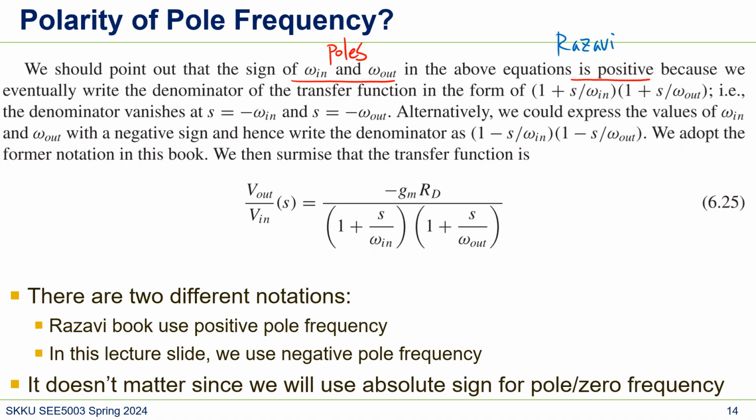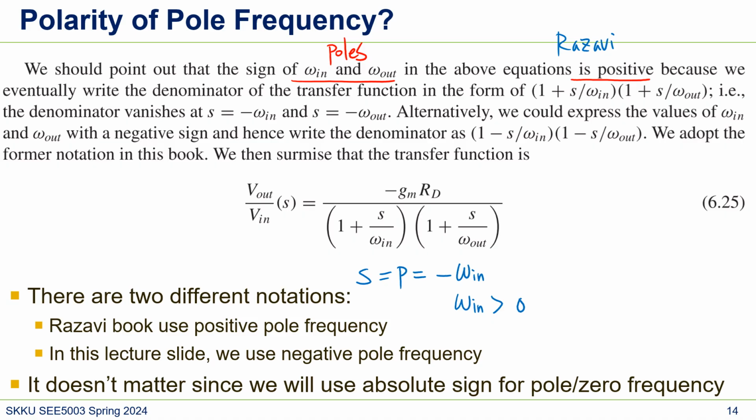Their notation is like this, so the pole should be minus omega_in, right? And this is s. In this notation, their omega_in is positive.